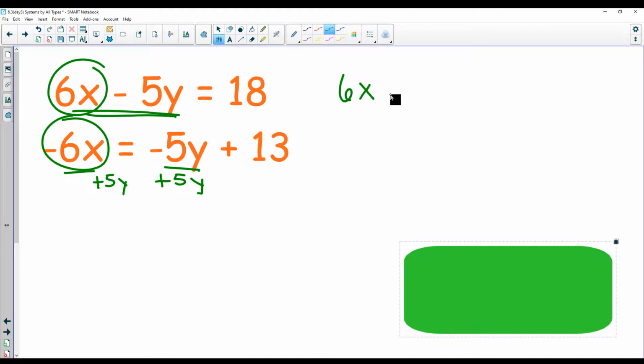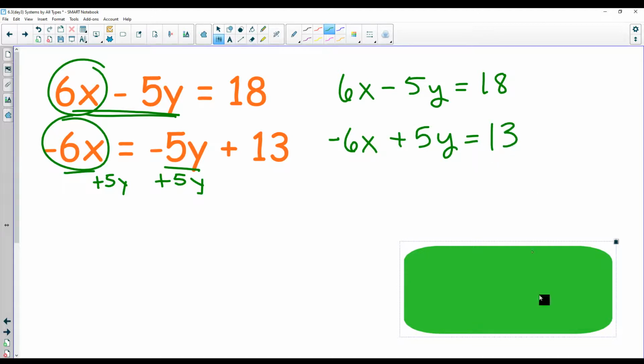So we have 6x minus 5y equals 18. And then on the bottom, we have negative 6x plus 5y equals 13. Okay? So we added 5y to both sides so that everything would be lined up.